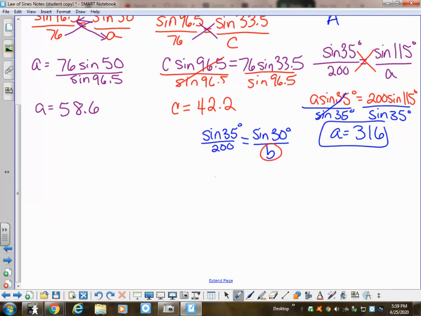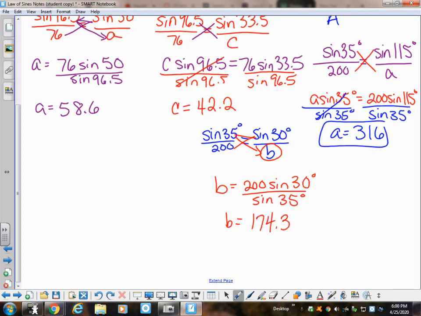So to get B, I'm crisscrossing, I'm taking 200 times sine of 30 degrees divided by sine of 35 degrees, and that's going to give me my B. Plug that into the calculator, and little b is 174.3. All right, so hopefully that helps out with those examples.